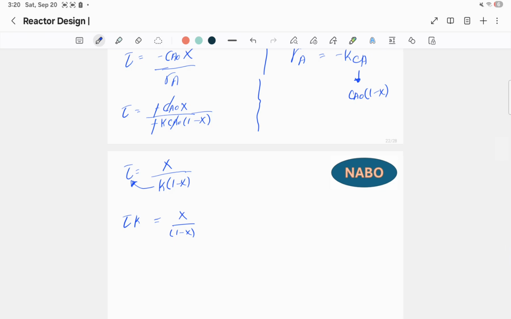We can also go a step further and substitute this tau, the space-time, with volume divided by volumetric flow rate. Why? Because space-time equals volume divided by volumetric flow rate. So V over Q times K equals X divided by 1 minus X. That also is our Damkohler number.